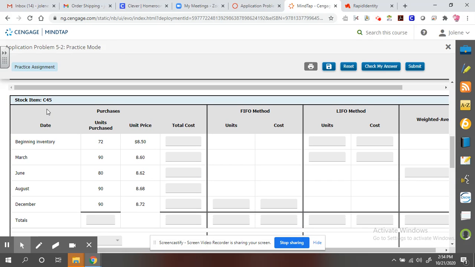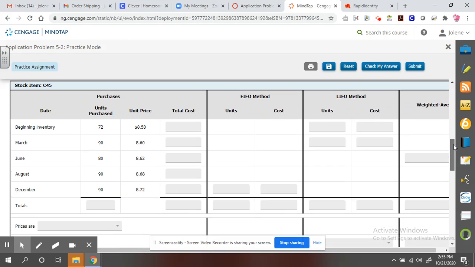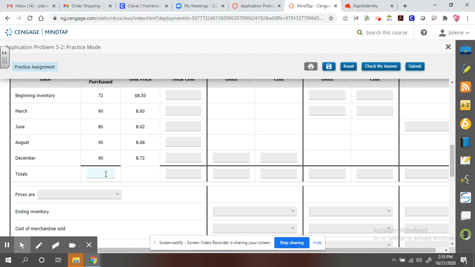Now we're going to go to the second item. C45. It works the same way. Okay, so let's total these guys. I get 422. We have to multiply across.